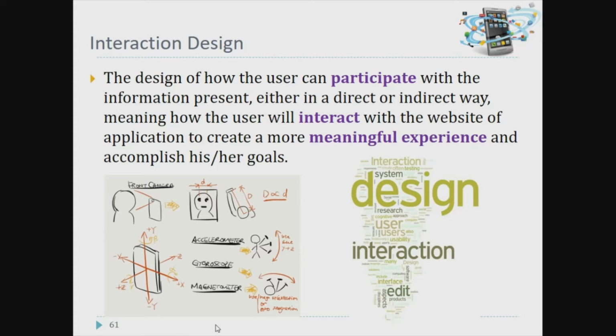These are examples that help us understand how the user interacts with the application: the gesture, the position of the phone, the position of the camera if it deals with the camera, and in which way and in which view the user will use it. It's about the system design for better interaction for the users themselves.